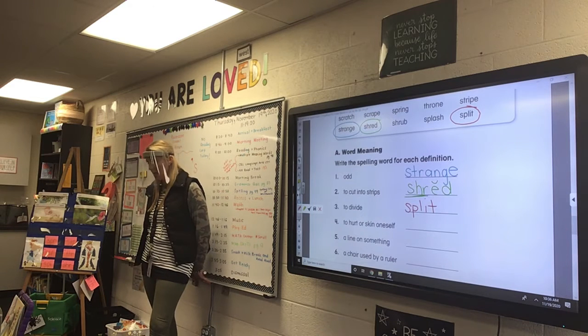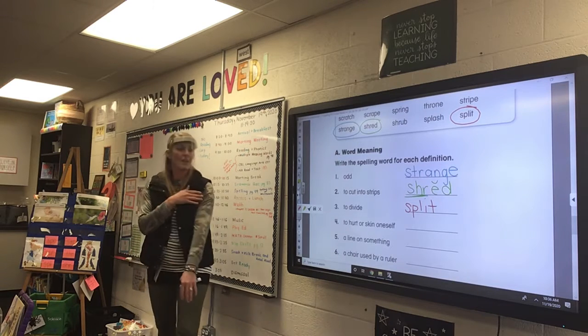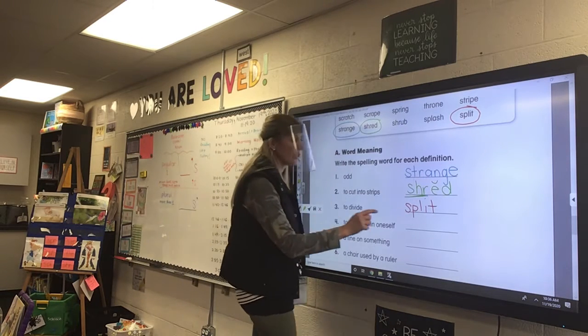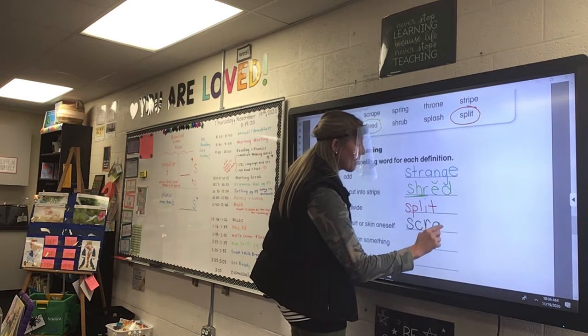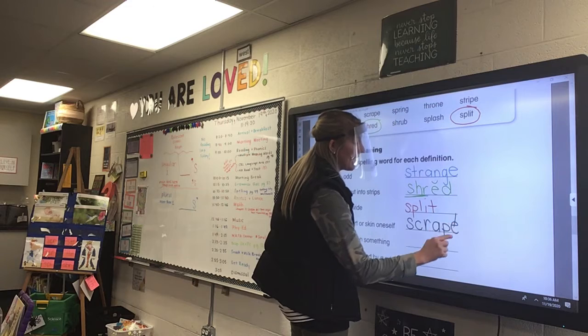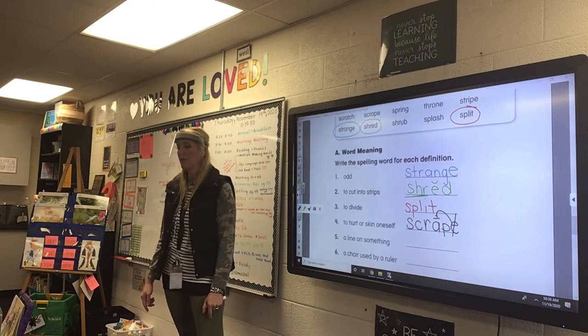Scrape. S-C-R. I hear a long A. And that E has to be at the end or else it's scrap. Wow, scrap is good.